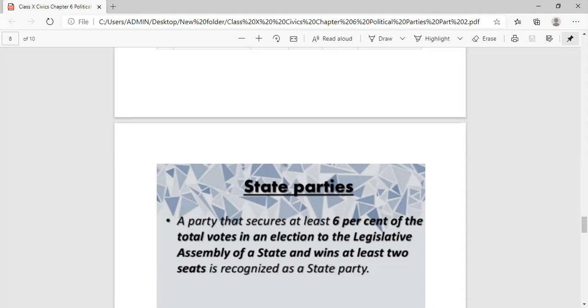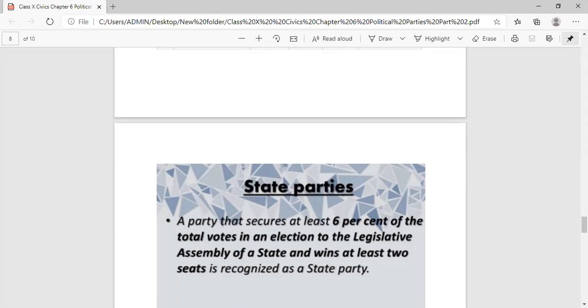So these are a few examples of regional parties. In every state, every region, we have a lot of regional parties. We need to remember a few regional parties. There are a lot of regional parties specified in your textbook.